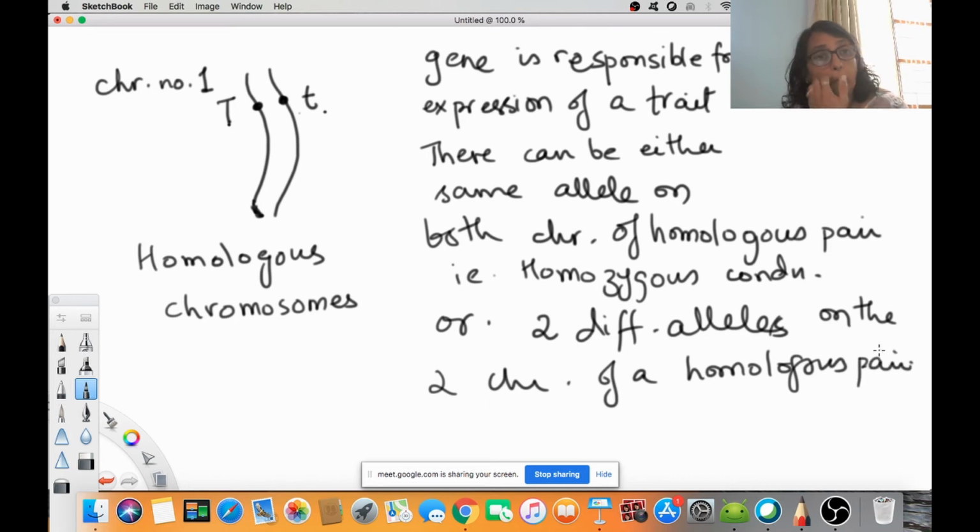Is it clear? So, whether it is a homozygous condition or this one is the heterozygous condition.